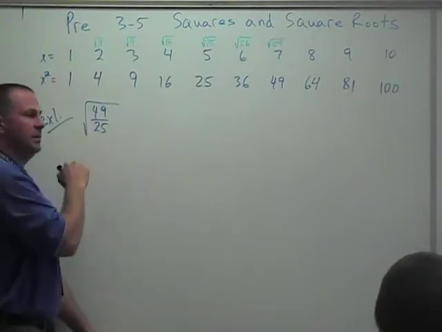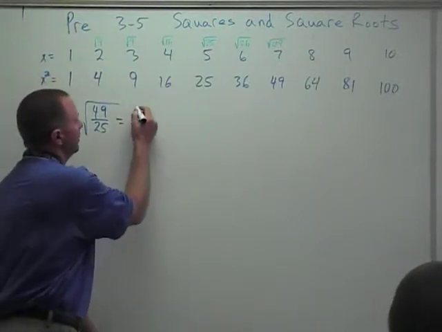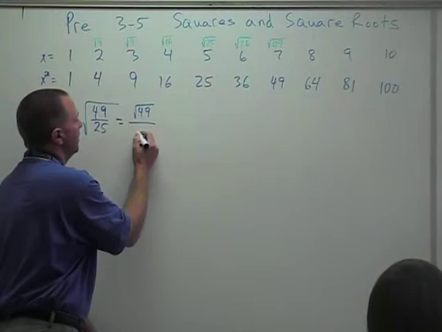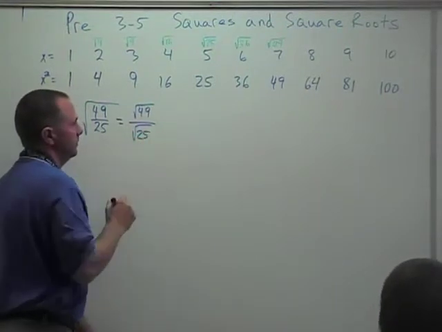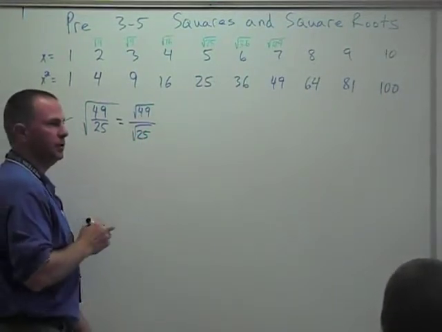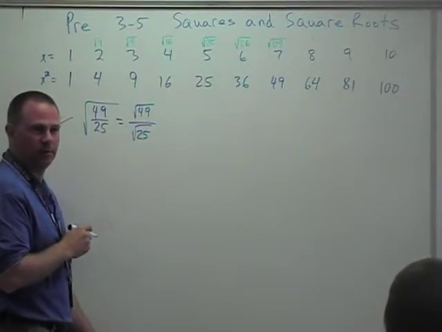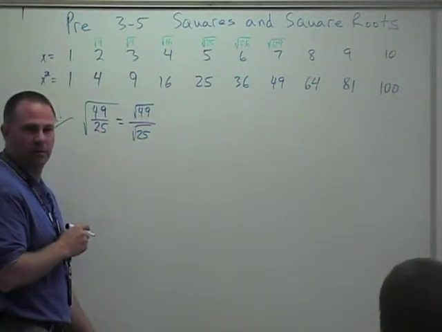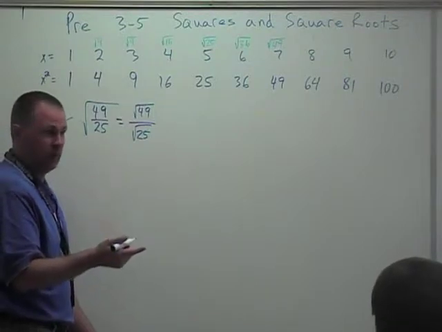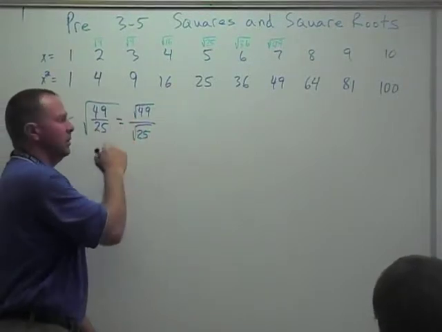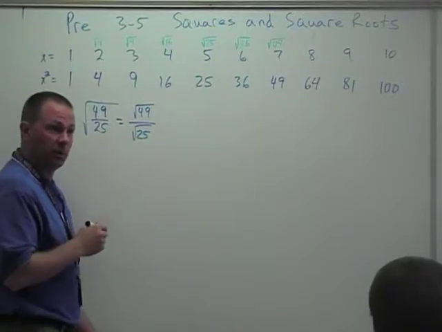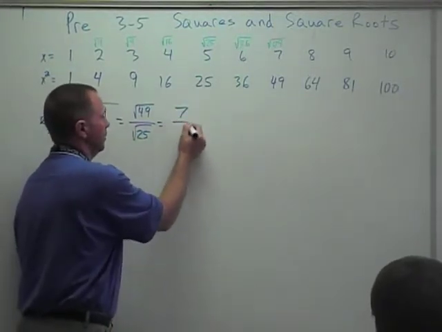You can take that radical and divide it up between the top number and the bottom number. You can't reduce 49 over 25, right? But you can split the radical into both numbers. Now, what's the square root of 49? 7. And the square root of 25? 5.